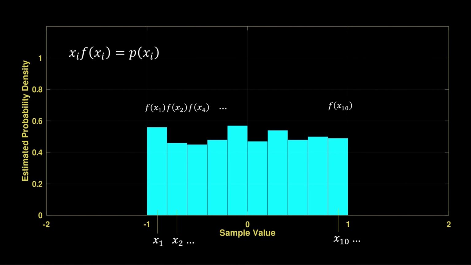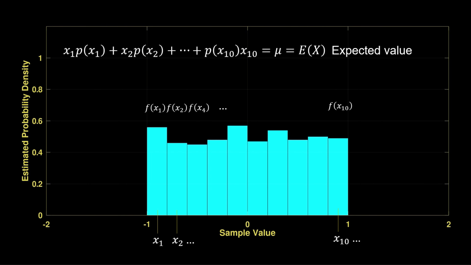That probability contributes to the expected value, or the mean, of x. By weighting each outcome, xi, by their estimated probabilities, we get the mean, or equivalently, the expected value of the random sample.